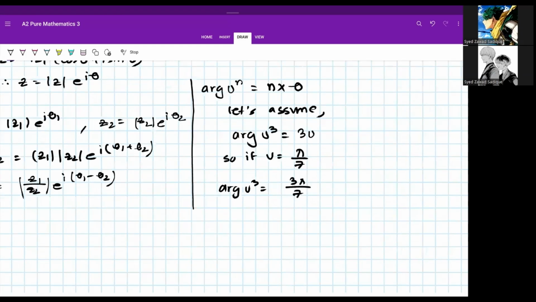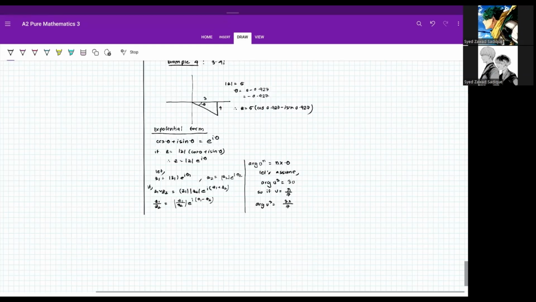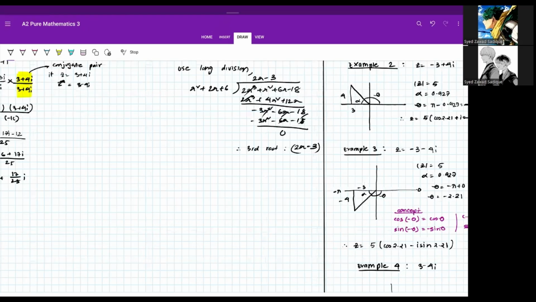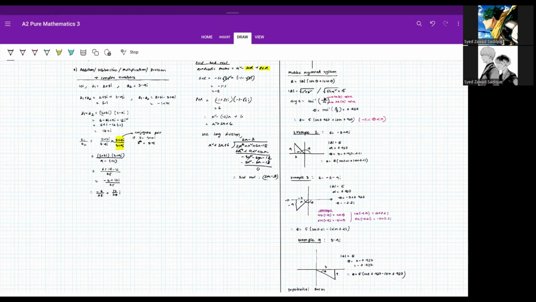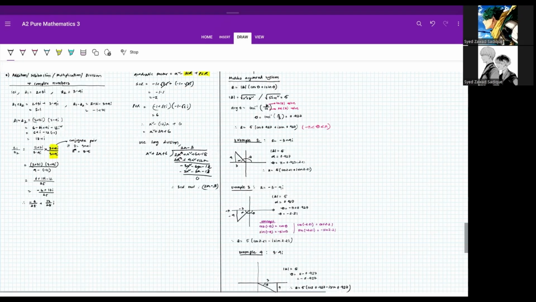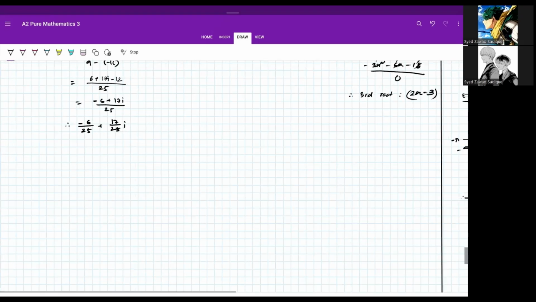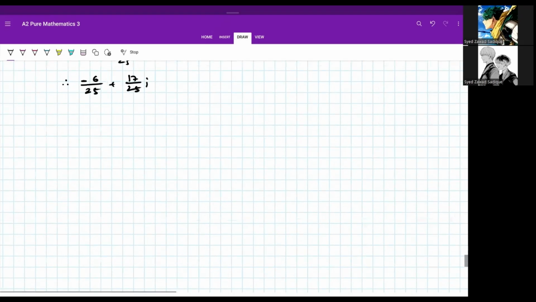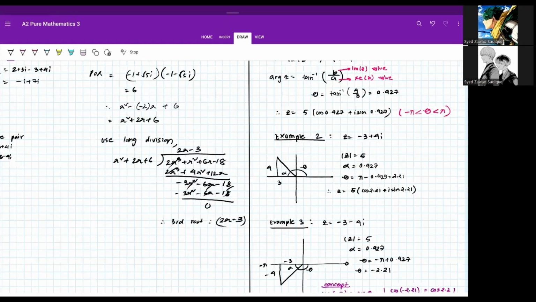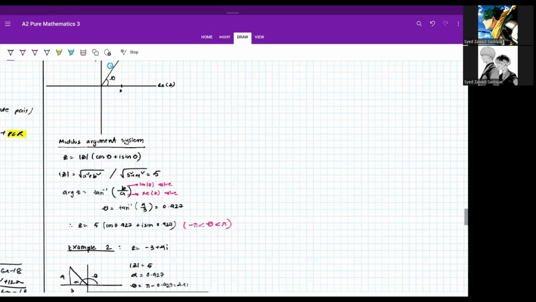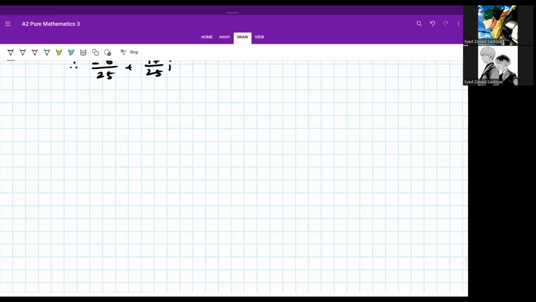Now, this was concept number 4. Concept number 5: complex number expansion.